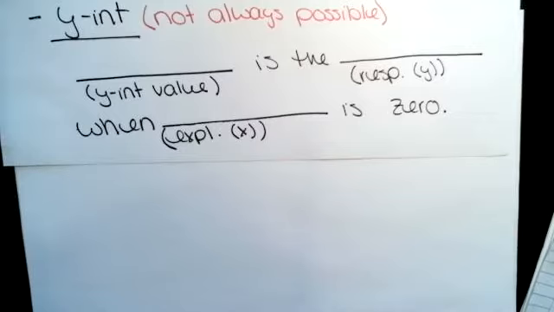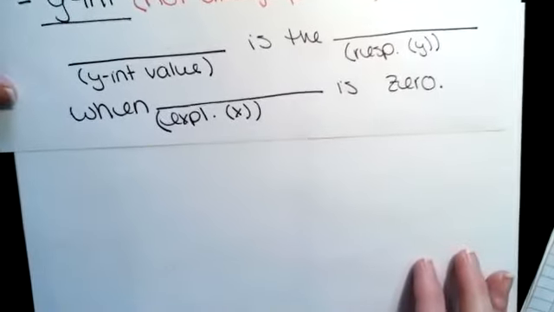Now, when you're using your technology or your calculator, and you've already done this if you started assignment 6 last class, you will get an equation of the line. You'll get a, you will get b. You got r, which is why you did it to begin with the other day. Then you're going to get something else that's called r squared. Okay? R squared is the coefficient of determination.